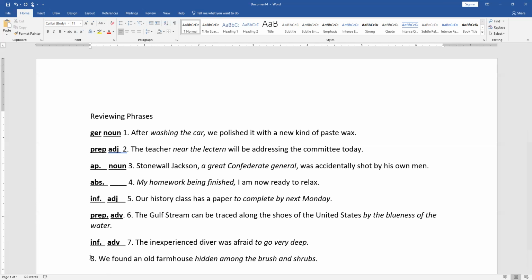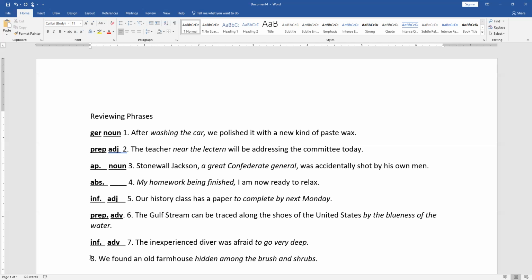What's hidden? Brush and shrubs. No. No, what is hidden so it's describing a farmhouse. And a farmhouse is a noun. So anything that describes a noun is an adjective.